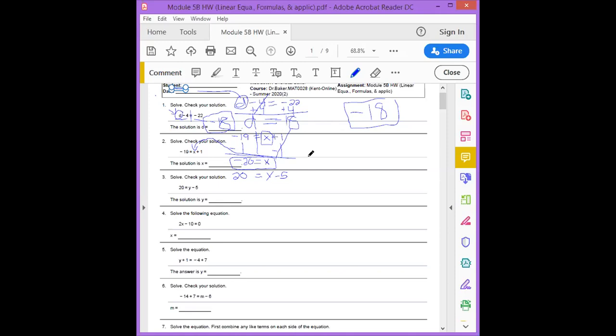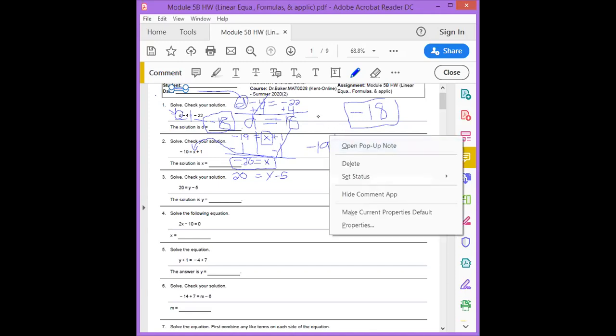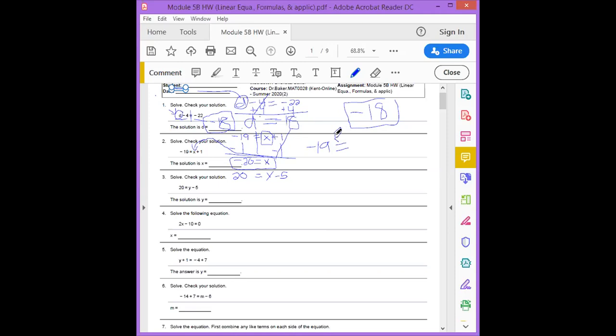If we had negative 19, we want to know, is this equal to negative 20 plus 1? All right, because we substituted negative 20 here for x. So negative 20 plus 1, yes, that does give us negative 19. So it checks out. This is how you check your work.